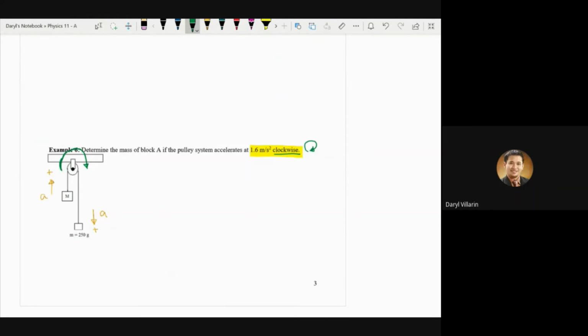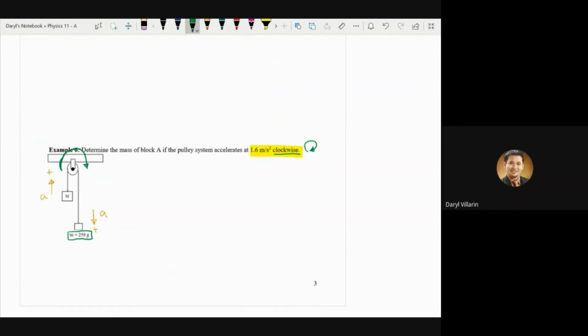Like for example, Newton is the unit when the mass is in kilogram and the acceleration is in meters per second squared. So therefore, mass should be given in kilogram. And if you can see here, m is given in grams.